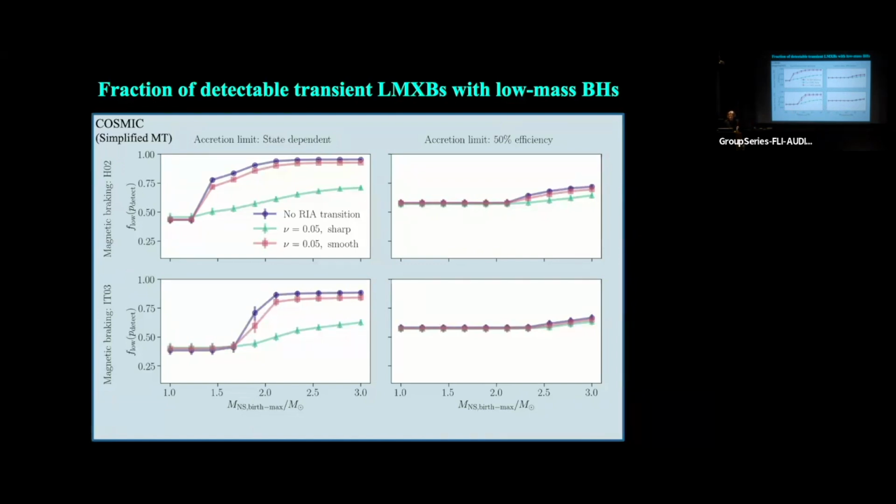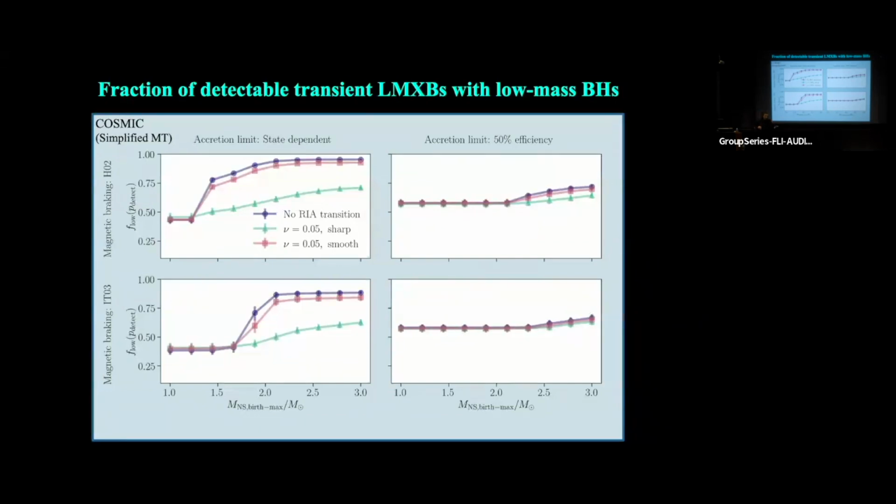Then we said, what if we do the exact same thing, but now we calculate the evolution of the low mass X-ray binary with a full stellar structure and evolution code, where we track the behavior of the star as best as we can in astrophysics, and we calculate the m dot, the mass transfer rate onto the compact object.